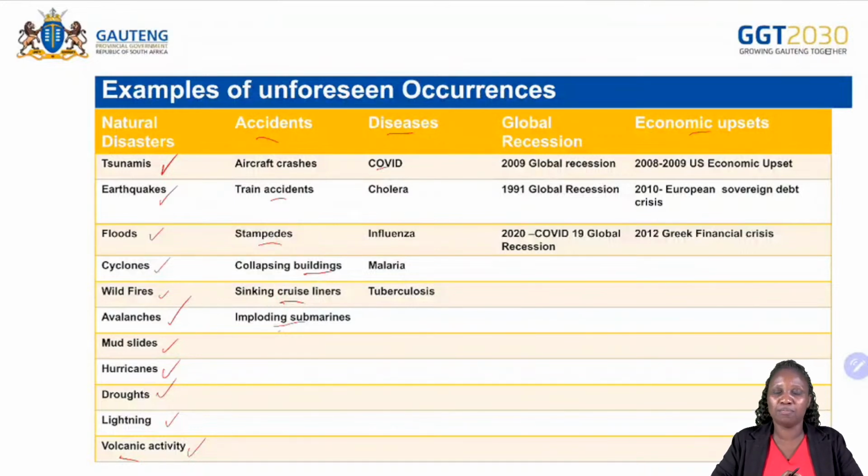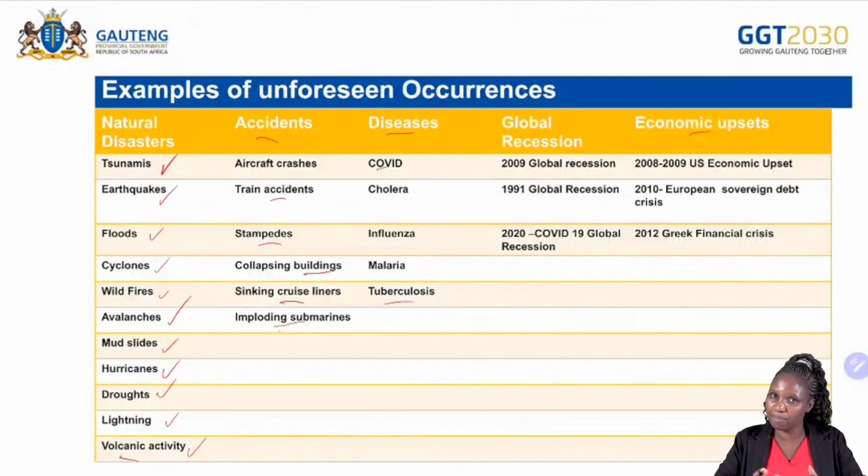Okay. Because there's medication to prevent being affected by malaria. There are mosquito nets. There are a lot of things that have been done so that people don't die of malaria. There is also tuberculosis.